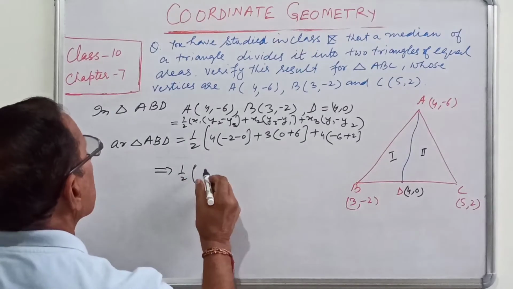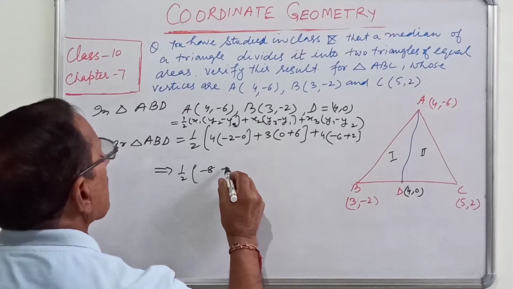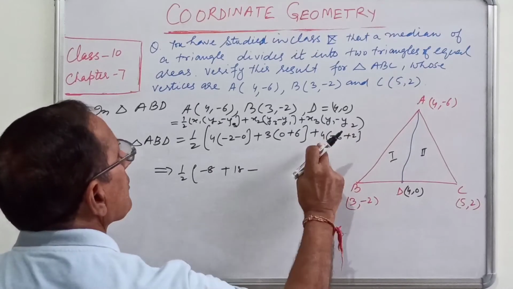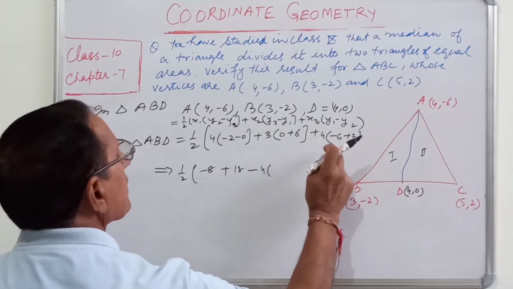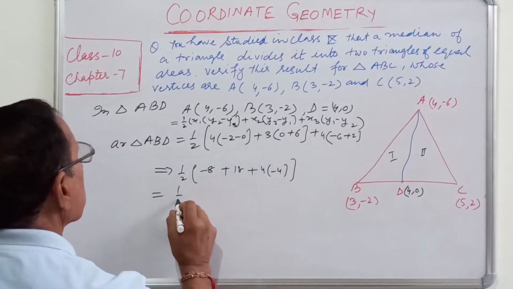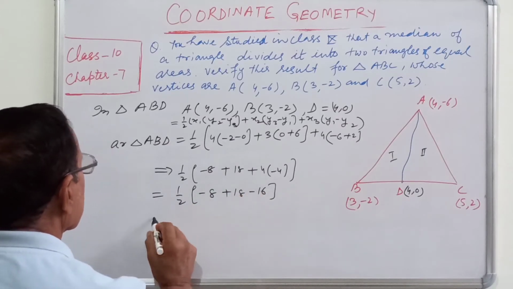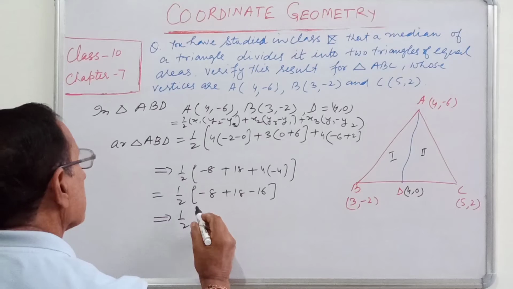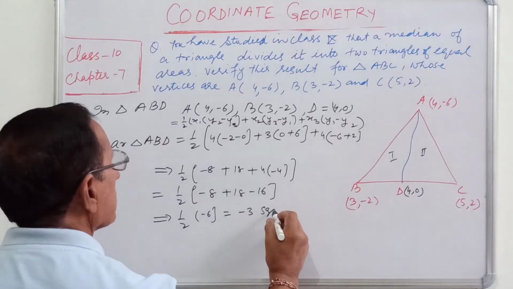So 1 upon 2, so this came minus 8, 4 into minus 2, then 3 into 6 is 18, and after that 4 into minus 6, subtracting this gives minus 4. So 1 upon 2, minus 8 plus 18 minus 16, so this way it came 1 upon 2 into 24 minus 18 is minus 6, so minus 3 square units.